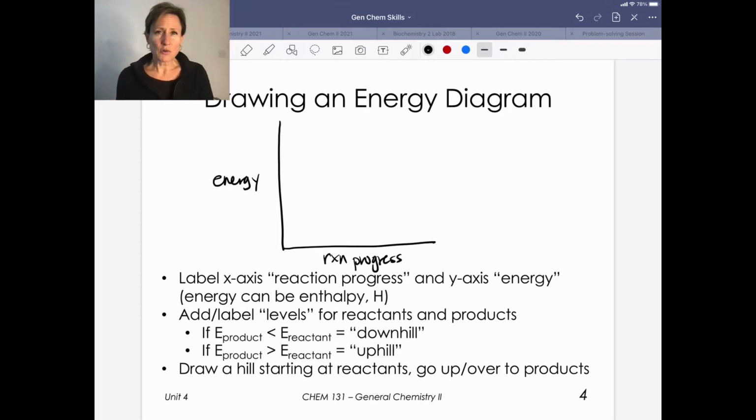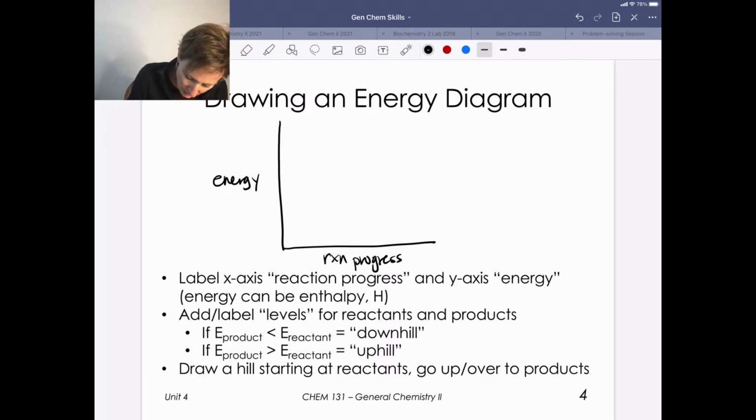There are lots of different ways we can measure energy in chemistry. We've learned about enthalpy already, so this might be the letter H for enthalpy. We're going to learn other ways to think about energy later on. So whether you label it energy or the problem talks about enthalpy, both are totally acceptable here. Now we need to add and label energy levels for reactants and products.